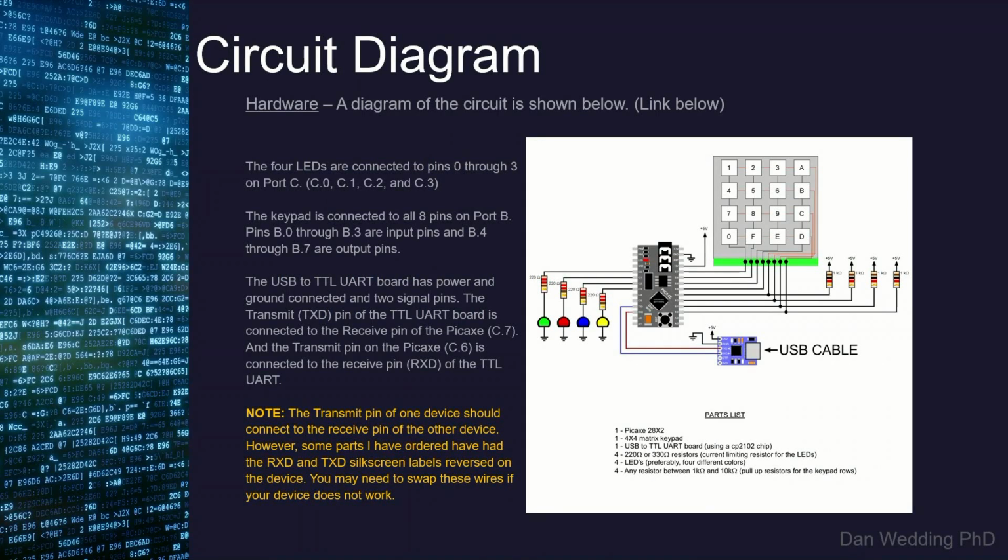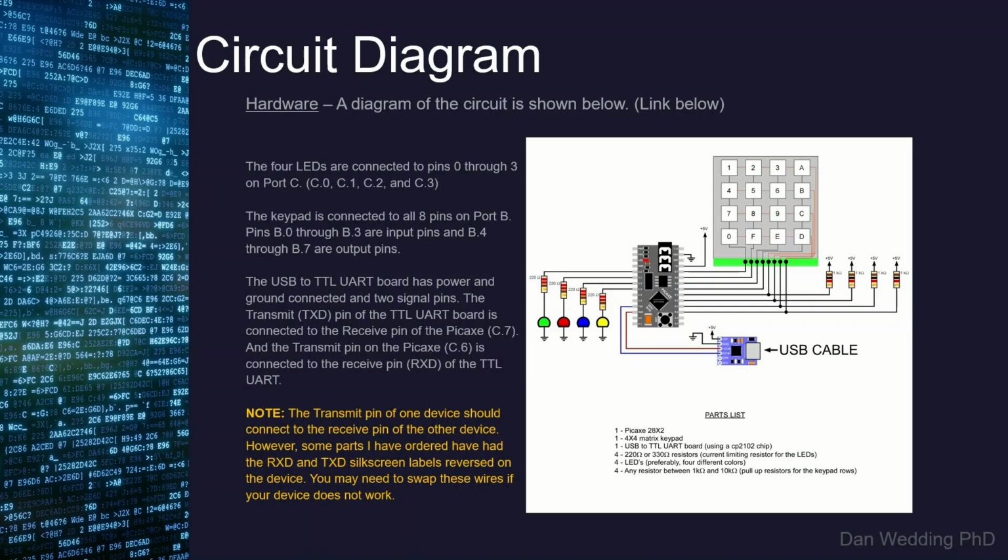A diagram of the circuit is shown below. The 4 LEDs are connected to pins 0 through 3 on port C. The keypad is connected to all 8 pins on port B. Pins B0 through B3 are input pins, and B4 through B7 are output pins.